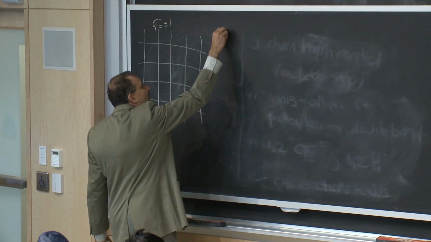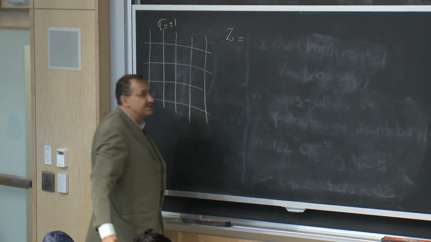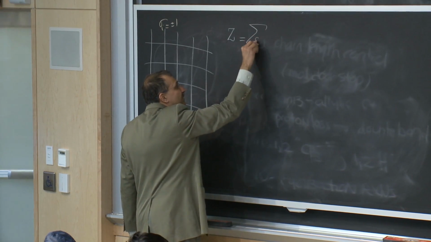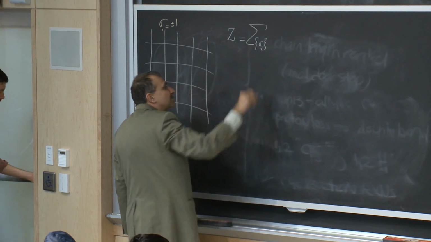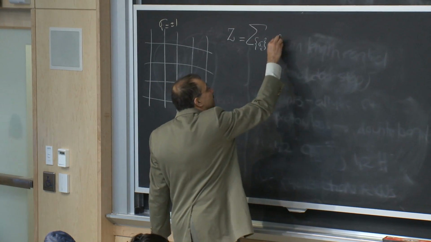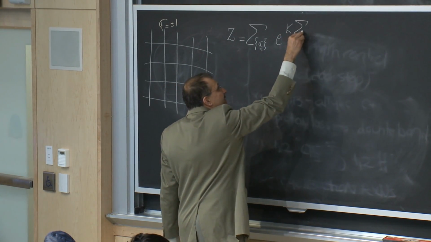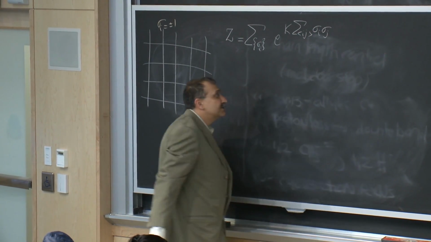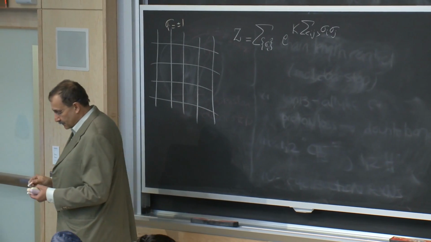Our task is to calculate a partition function, which for n sites amounts to summing over 2 to the n binary configurations of a weight that favors near neighbors to be in the same state with a strength K.